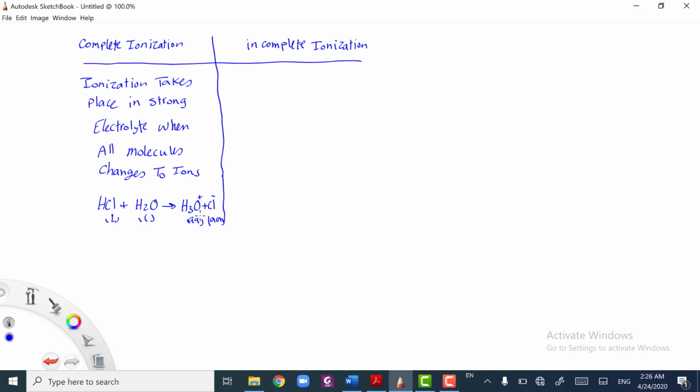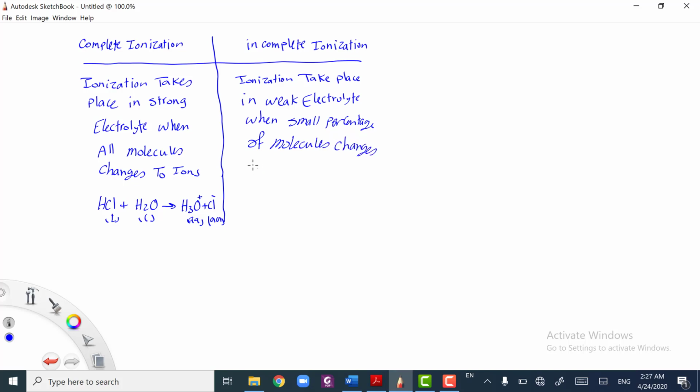Incomplete ionization takes place in weak electrolyte when a small percentage of molecules change to ions.